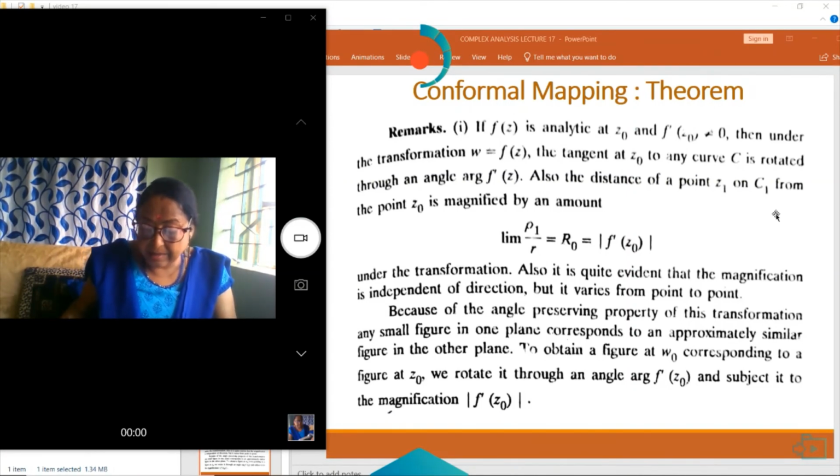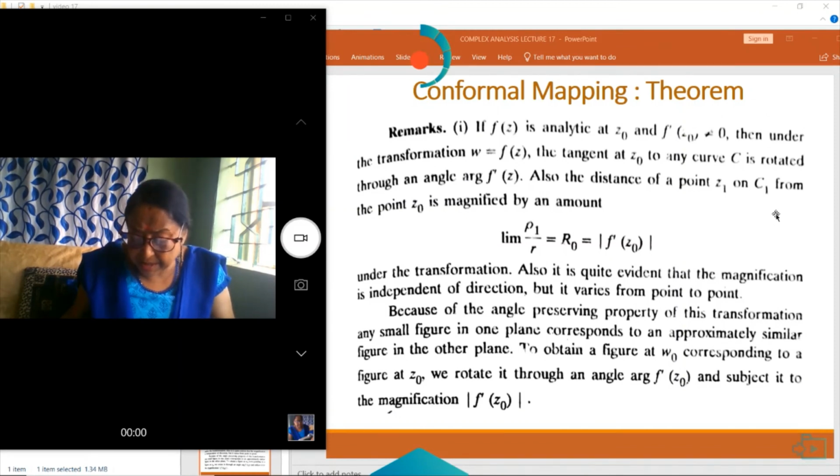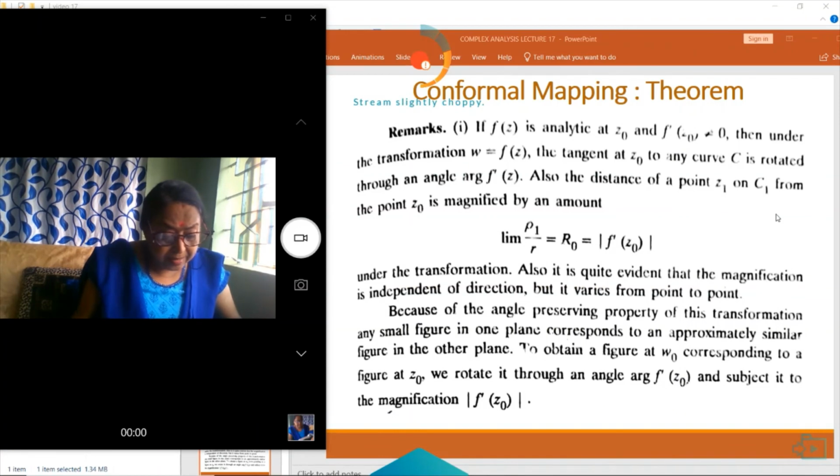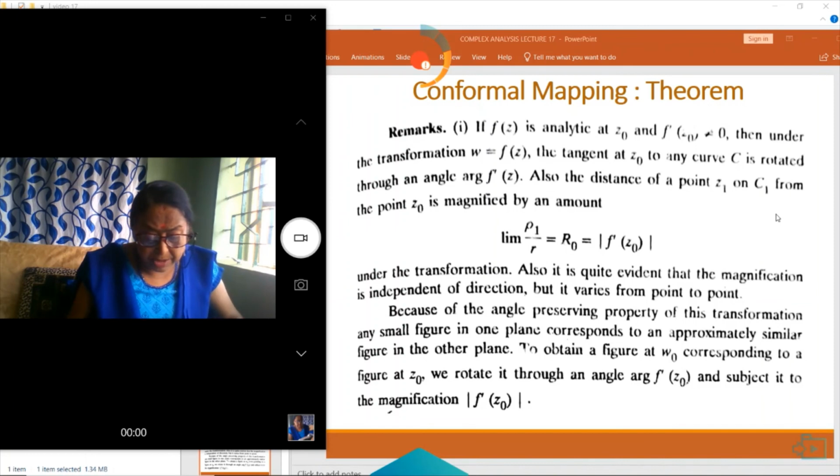Under the transformation, it is also quite evident that the magnification is independent of the direction, but it varies from point to point, because of the angle preserving property of the transformation.